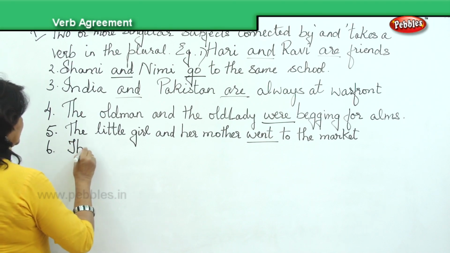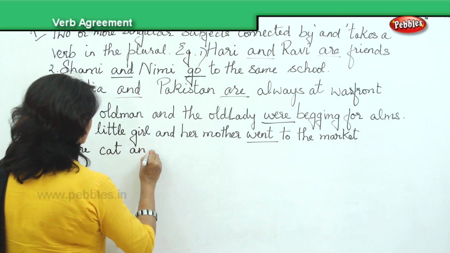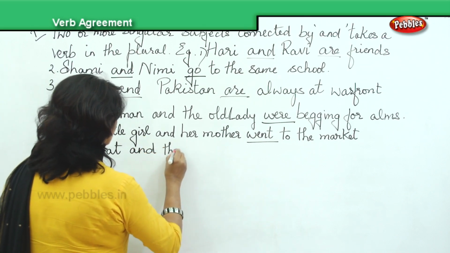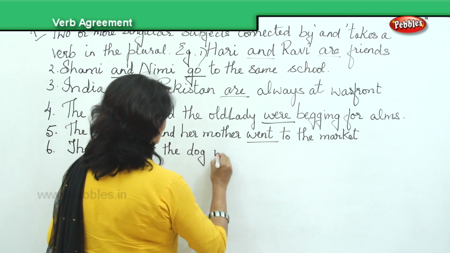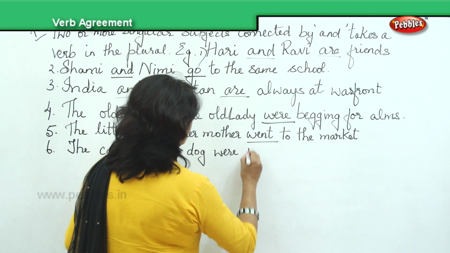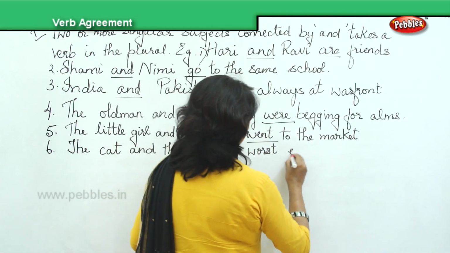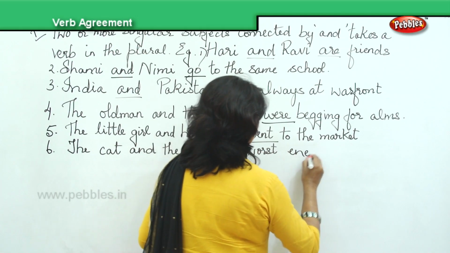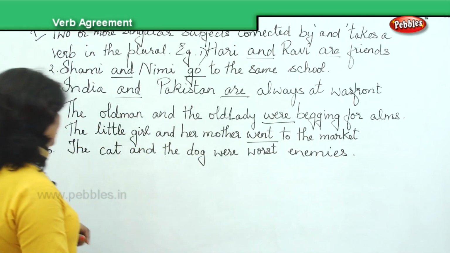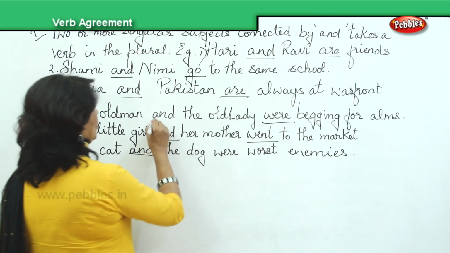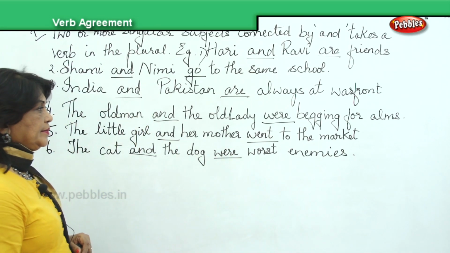The cat and the dog were worst enemies. The cat and the dog were worst enemies.